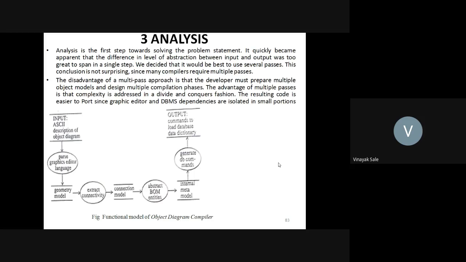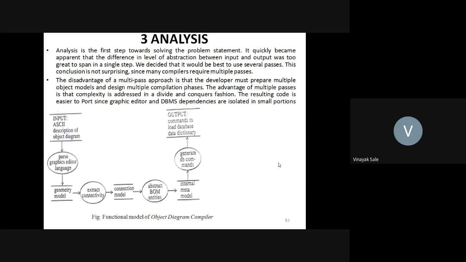The advantage of multiple passes is that the complexity is addressed in a divide and conquer fashion. The resulting code is easier to port since graphics editor and DBMS dependencies are isolated in small portions.